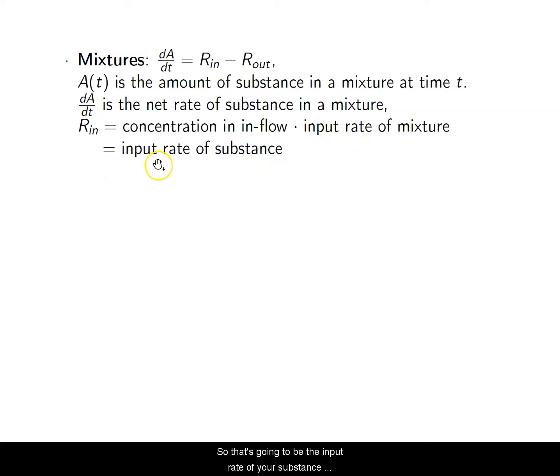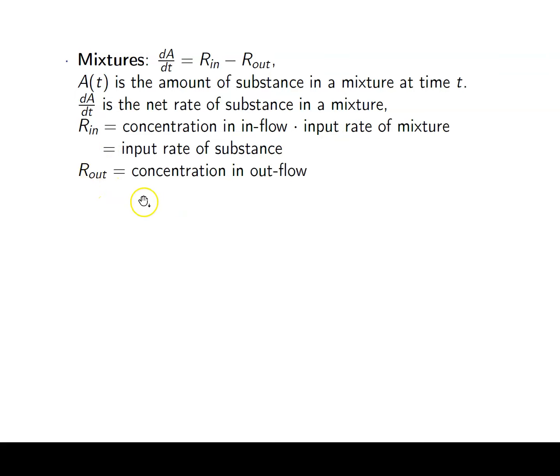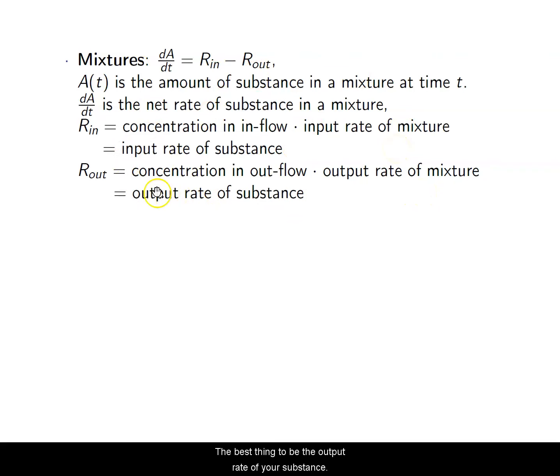So that's going to be the input rate of your substance, right? Your rate out is the same thing. It's the concentration in the outflow. So how much is it concentration wise? Is it like 10% in your solution that's coming out? And then how fast is that leaving your tub or your mixture, right? So that's going to be the output rate of your substance, right?